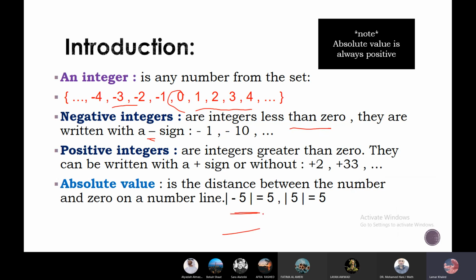For example, the absolute value of -5 equals 5 and of 5 equals 5. The most important thing to know about absolute value is that it is always positive. So if we have a negative integer, we switch it to positive, and if we already have a positive, we keep it positive.